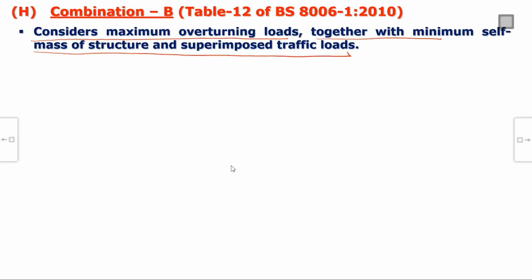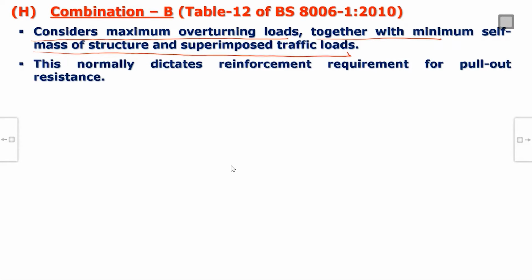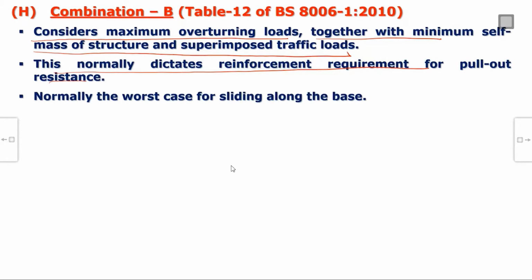So whatever is with gamma R, you consider its minimum value, and gamma B maximum value here. It says this normally dictates the reinforcement requirement for pull-out resistance. But in the previous one, it said A may also govern. So for the pull-out check, we will use both combinations A and B and check.